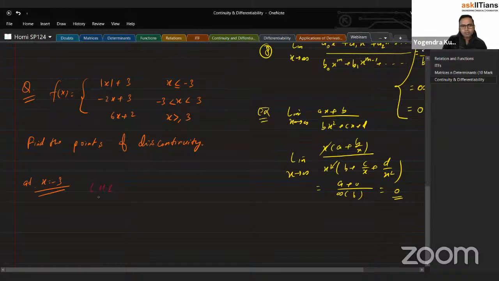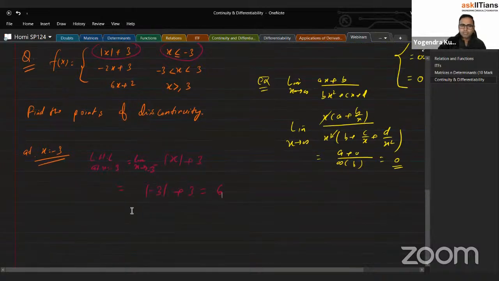So LHL at x equals minus 3, limit x tends to minus 3 minus, right? What is the function I'm going to take for that? For less than minus 3, this is the function I need to take, right? Mod of x plus 3. So when I apply the limit, minus 3 plus 3, what am I getting here, guys? 6, right? LHL is coming 6.